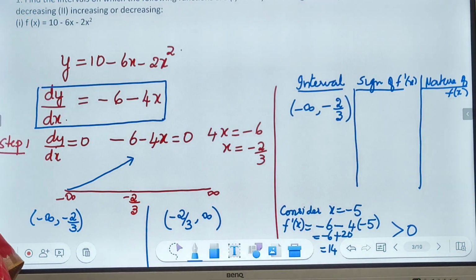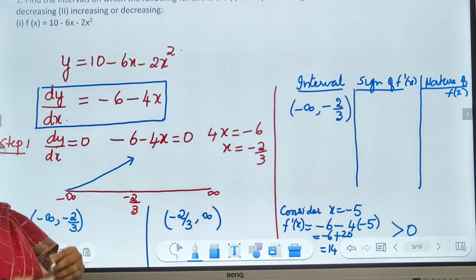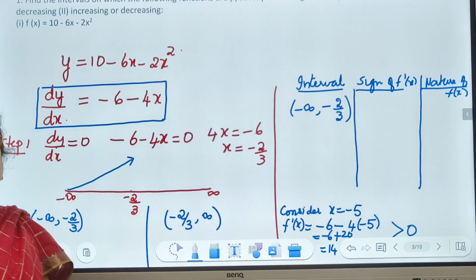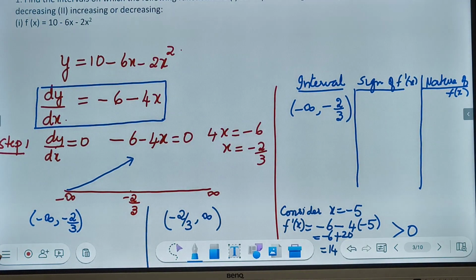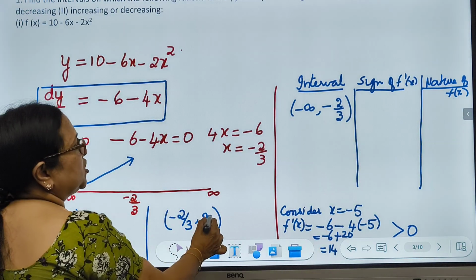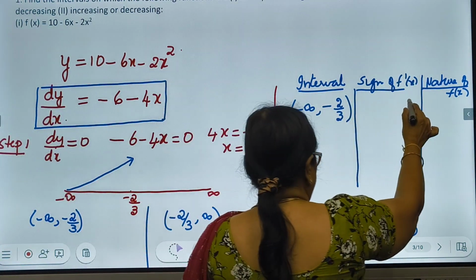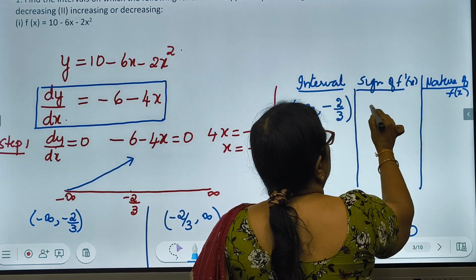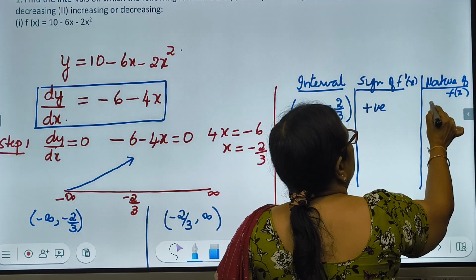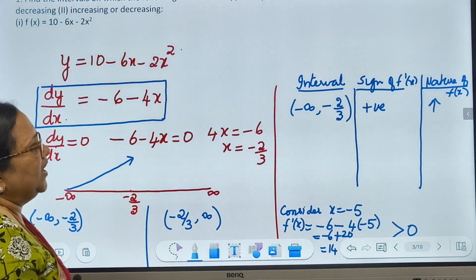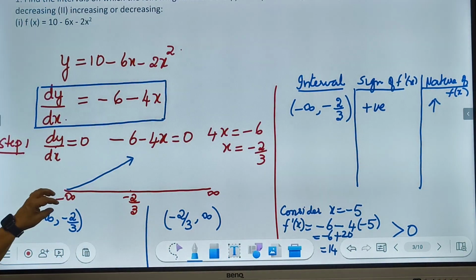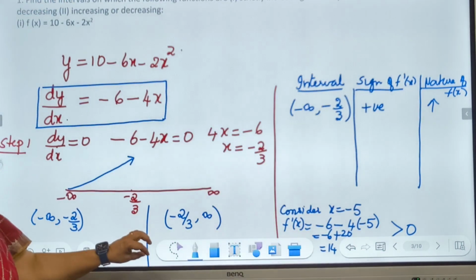I've already told you that if it is going to change, then there will be a critical point, and we have already seen there's only one critical point, which is -2/3. Therefore, the sign of f'(x) is positive. So what can you say about f? f is an increasing function in minus infinity to -2/3.